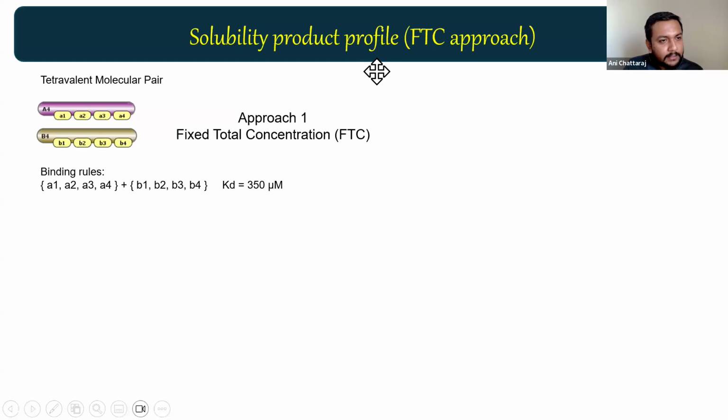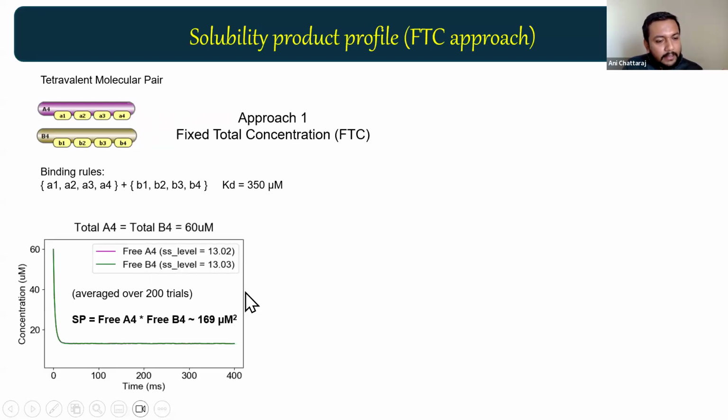So I think I defined the molecular pair. We have 4 sites for A, 4 sites for B, and these are the binding rules. What we're doing here is we start with a certain concentration of A and B, and we let them react. You can see that after a certain point, they converge to a steady state concentration.